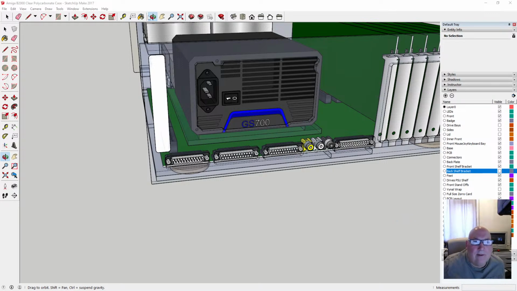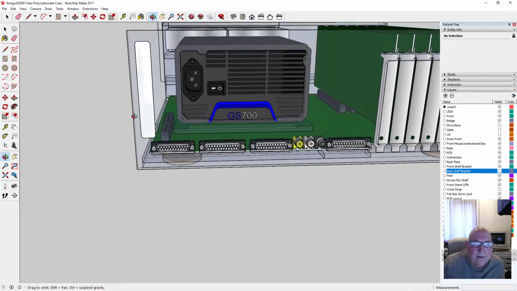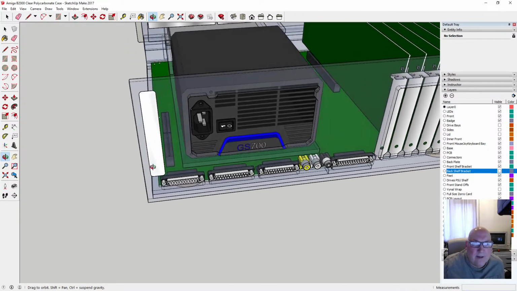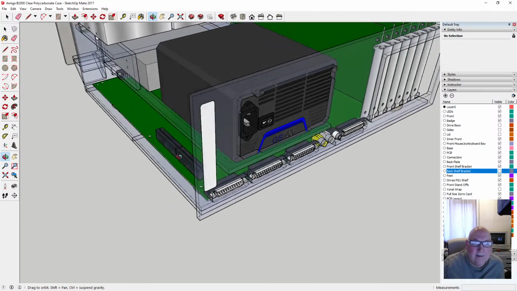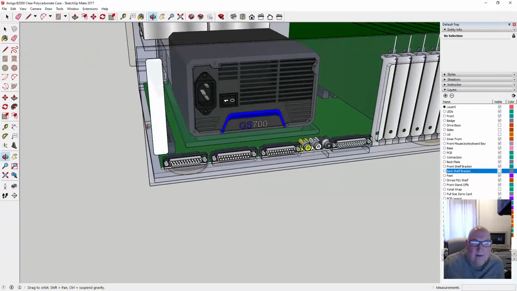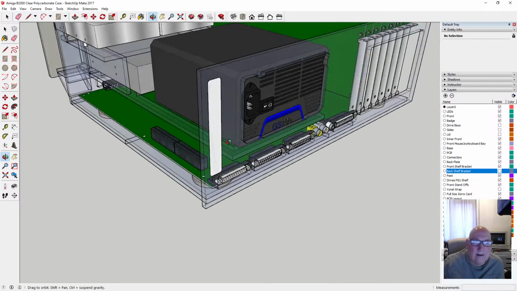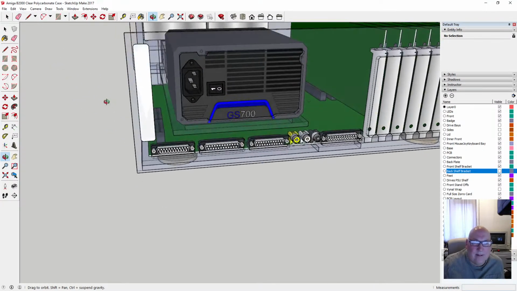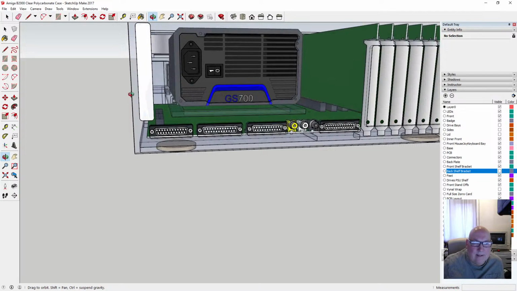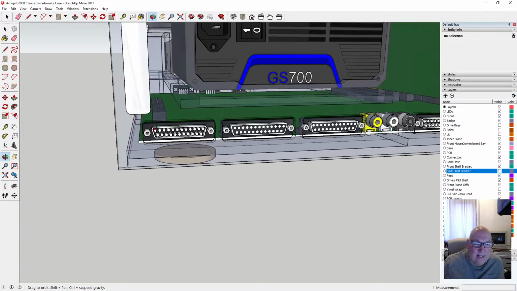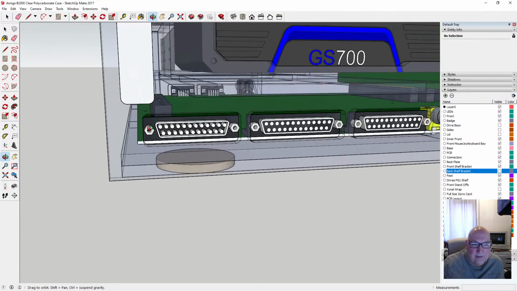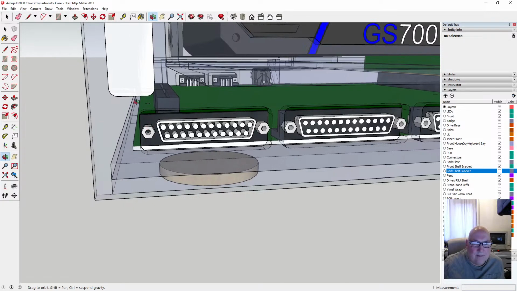Right, so I've got to try and work out where this plate has to go now in respect to this connector. I could go from the stud of this up to wherever that goes. Well, I think that's probably a good idea.